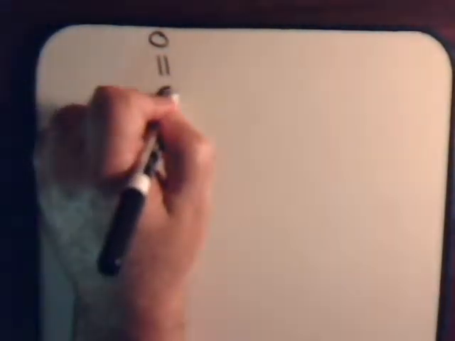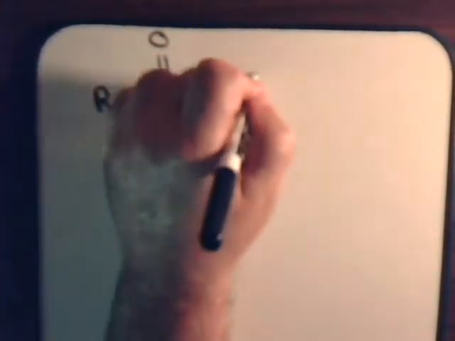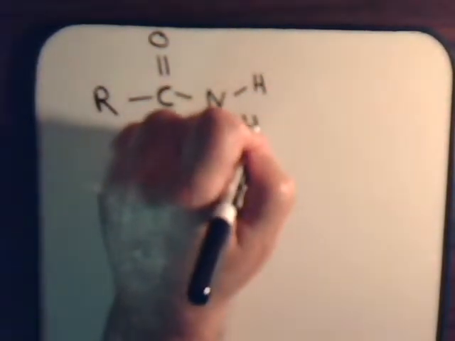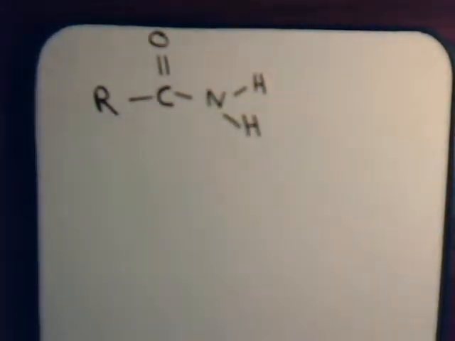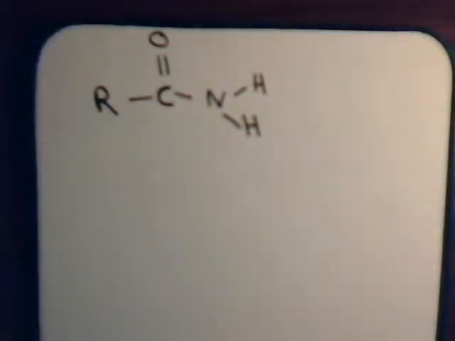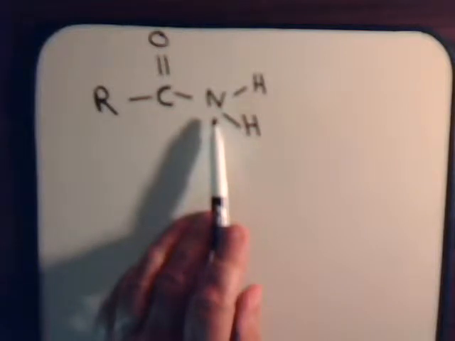And then here we have, again, nitrogen with 2 hydrogens. But what is different for the amide, what makes all the world of difference in the properties of this nitrogen versus an amine, is this nitrogen is sp2 hybridized.